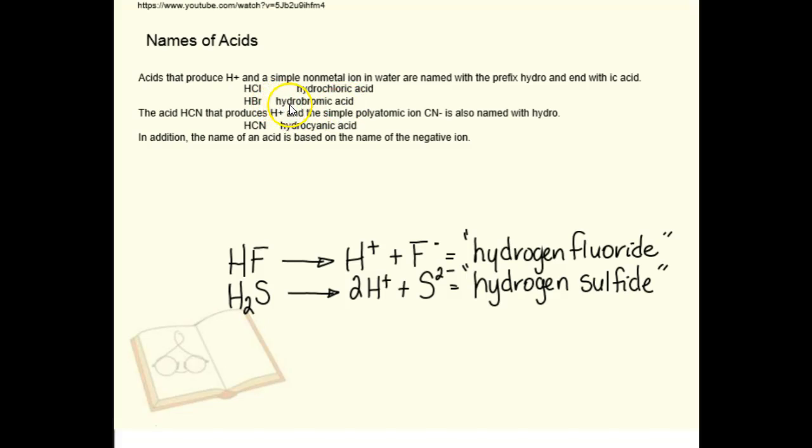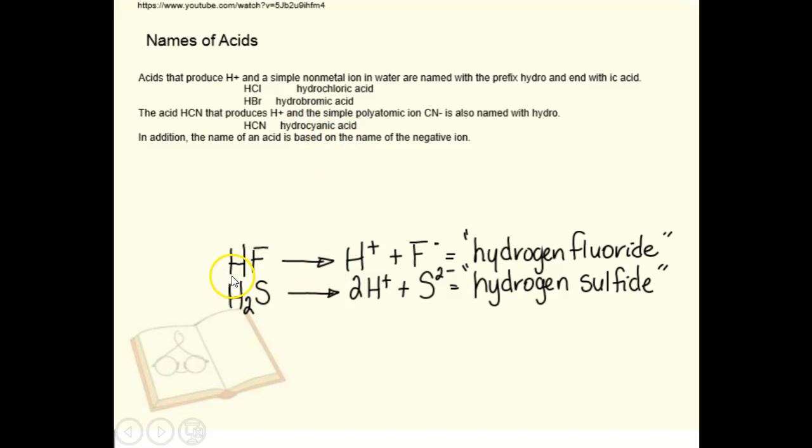We're just adding the hydro, taking the nonmetal's partial name, brom, and adding ic to the end. The acid HCN produces H+ and the simple polyatomic ion CN minus, so you have to go back and check your polyatomics for this. It's also named with a hydro and an ic at the end. Because this is a polyatomic ion, this is cyan, so it's going to be hydrocyanic acid.